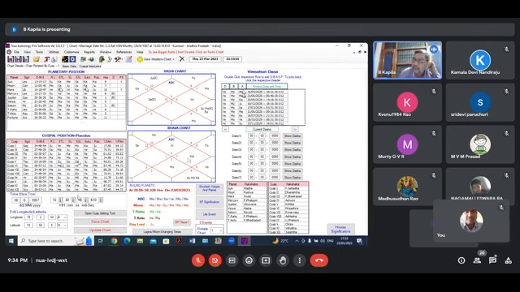Now, if you look at the Antara lord, what do you think among these 9 planets can be the suitable Antara? One point I would like to tell here is about when a planet can subsequently repeat. If I'm talking of Moon Bhukti and I say Moon Antara, this is a subsequent repetition of the same planet.